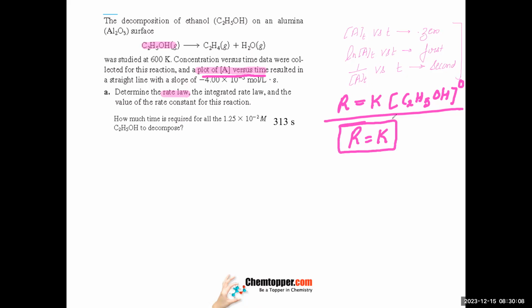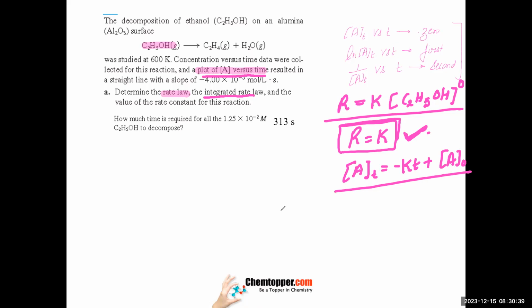Anil, if you missed typing K, then you have not written anything, right? This is the rate law, children. And what's the integrated rate law? That will be given to you, but you need to identify AT equals minus KT plus A naught. That's the integrated rate law.